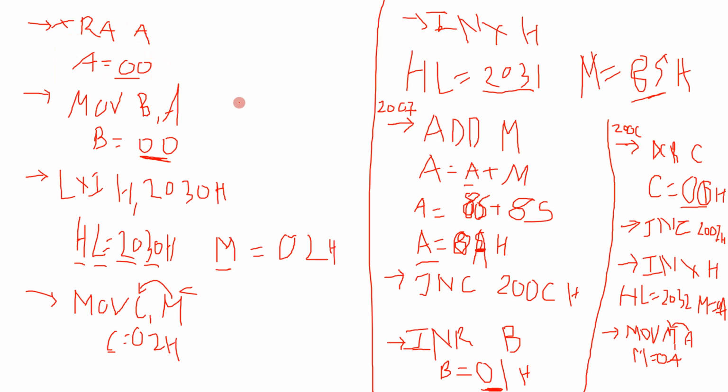What is there in HL? In HL there is 2032. We will add 1 to this, we will get 2033. So HL will be incremented by 1. There is going to be some M value here.